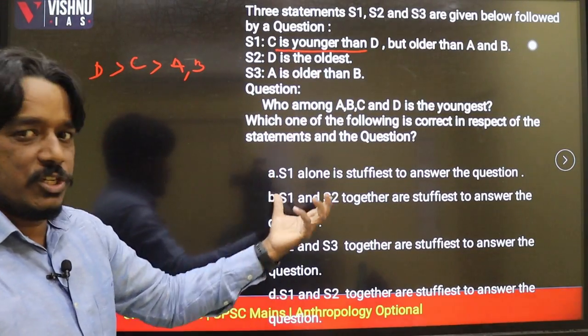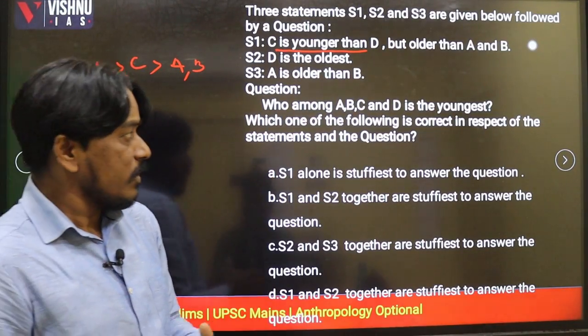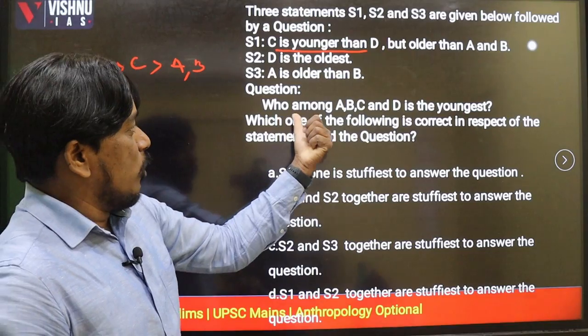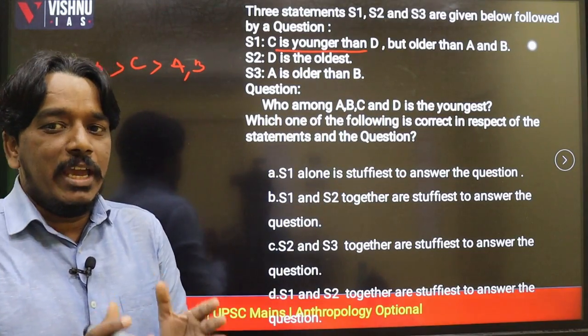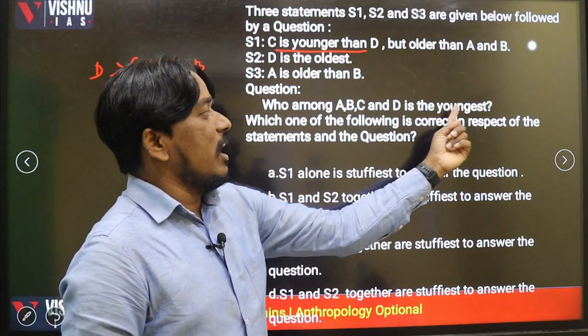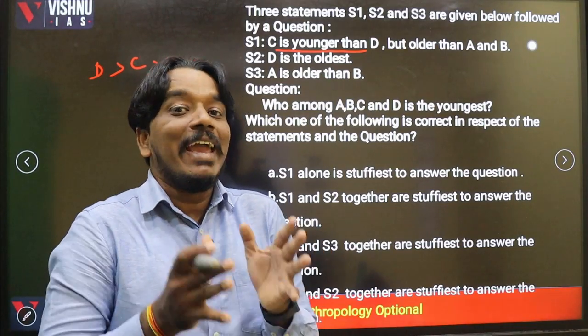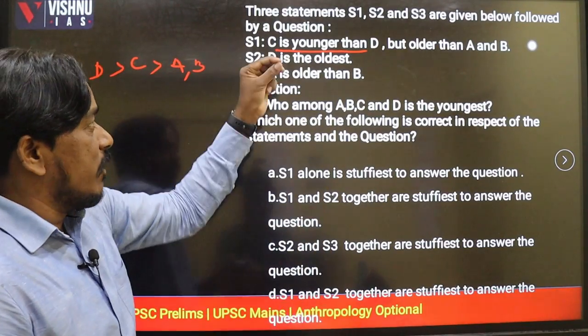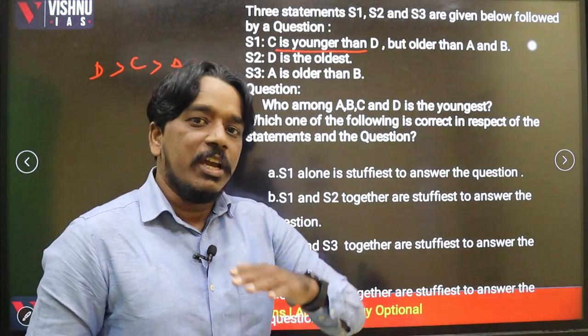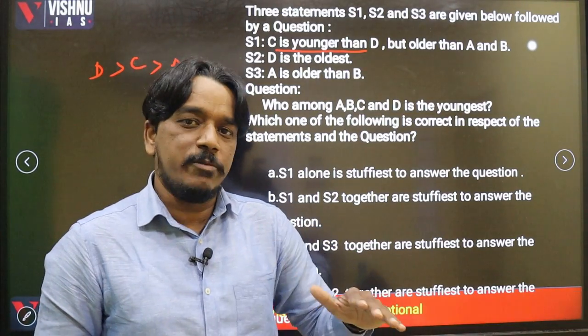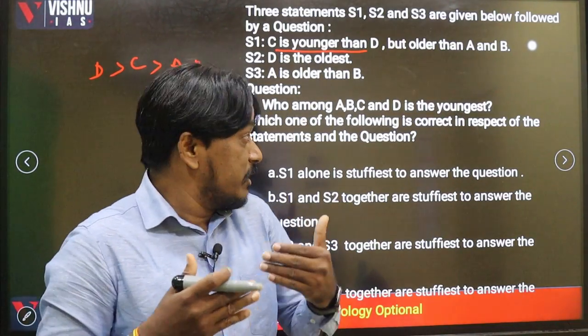But what is the particular question here? Who among A, B, C, D is the youngest? You have to find the youngest person. Whenever you are solving data sufficiency questions, you have to check statement 1, statement 2 and statement 3 individually.